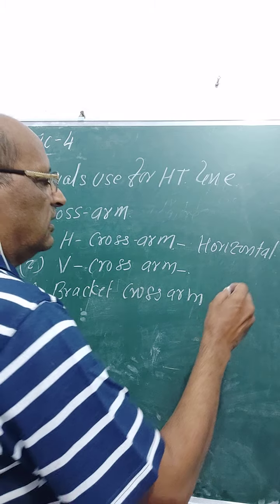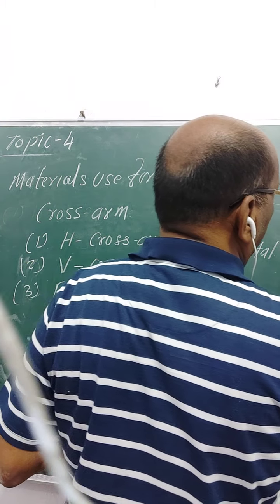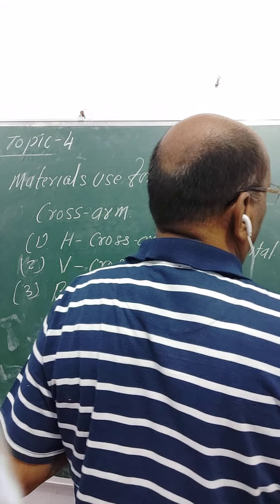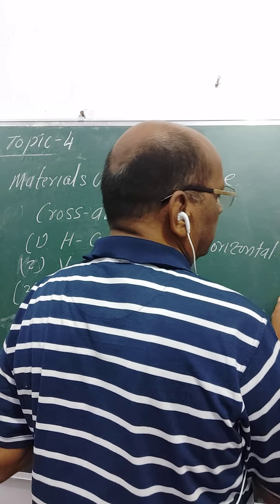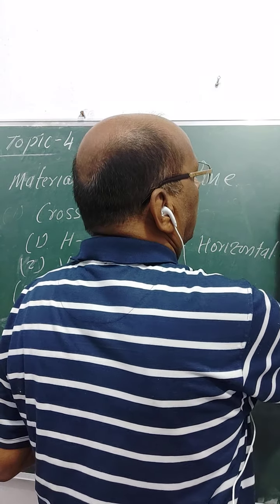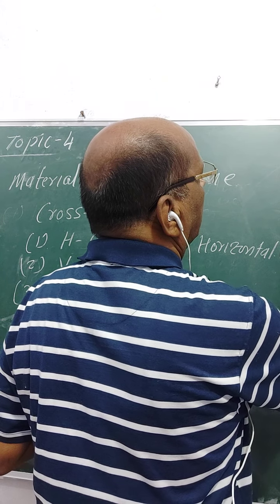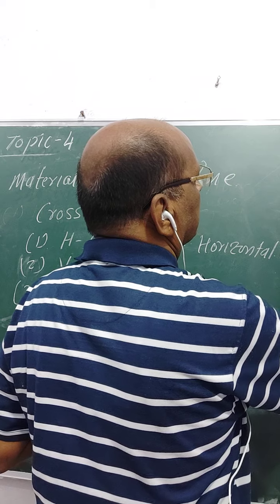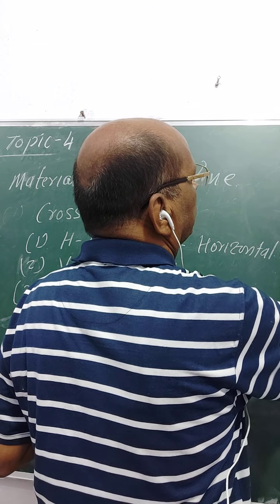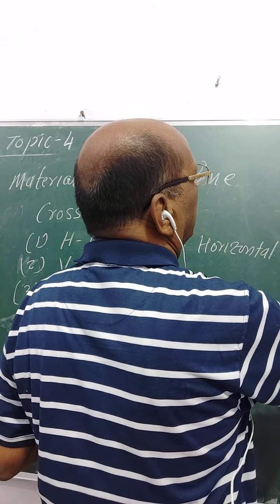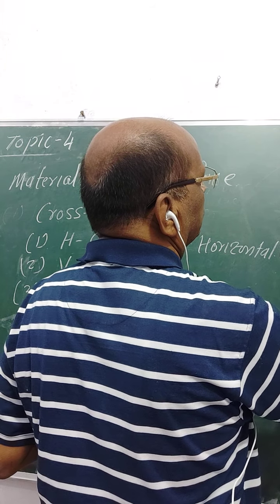So the horizontal cross arm is like this. It is of channel iron of this shape, C section, and this is 90 mm and this is 60 mm, and thickness is again 6.3.